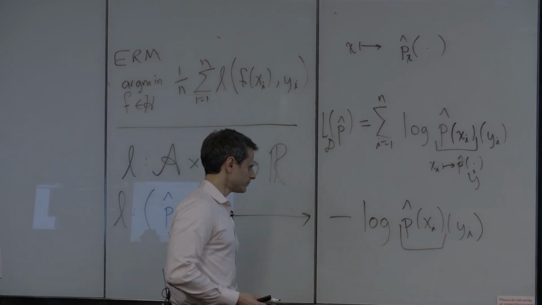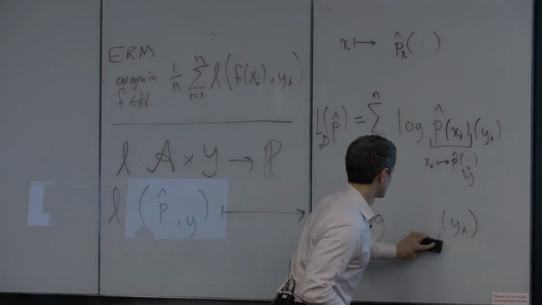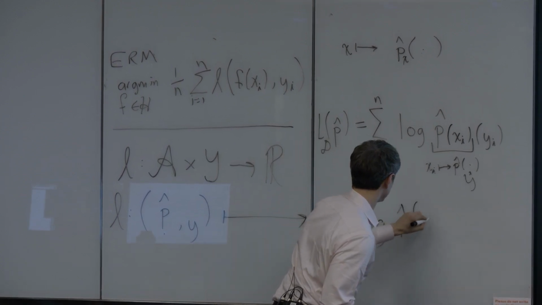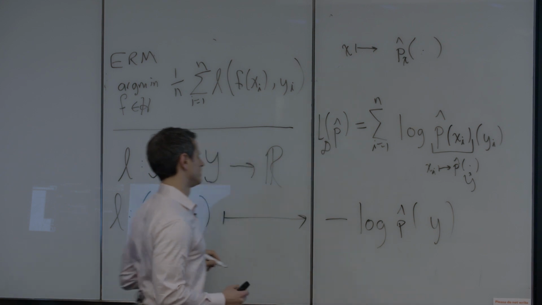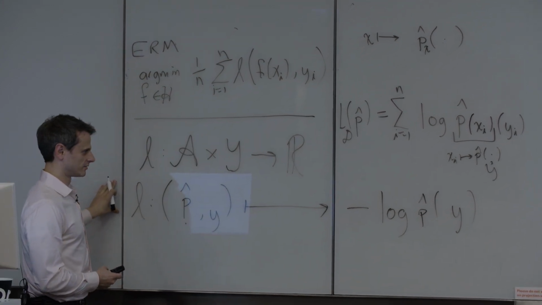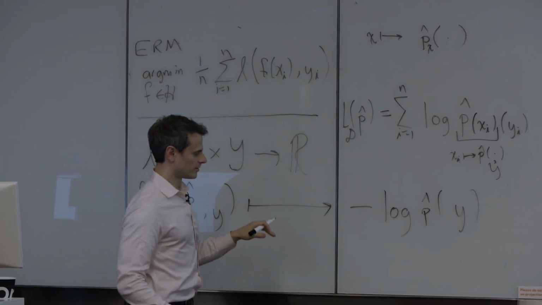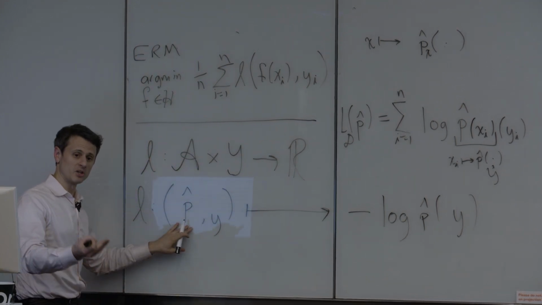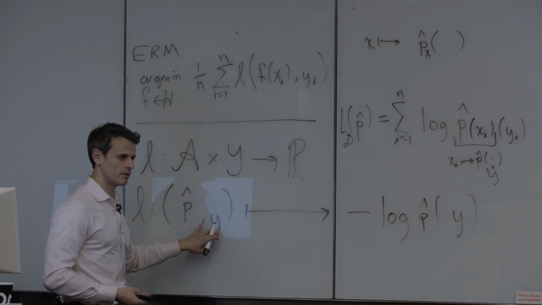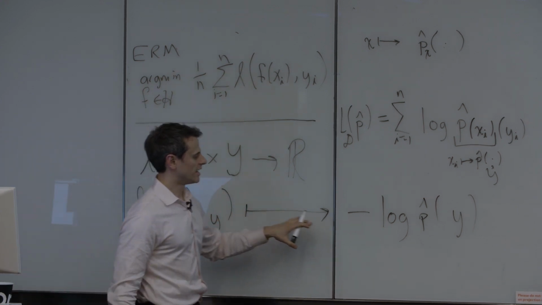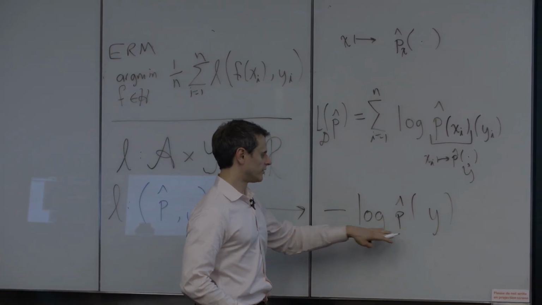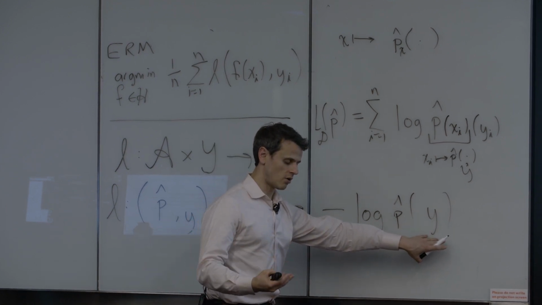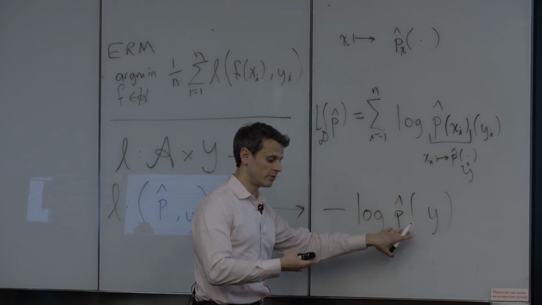Let me write it this way instead. All right, so this is the loss function that we're plugging into. Let's summarize. The loss function takes an action, which is a probability distribution on y, and it takes an outcome, which is y. And it evaluates the log of the likelihood assigned to the outcome y under the predicted probability p hat.